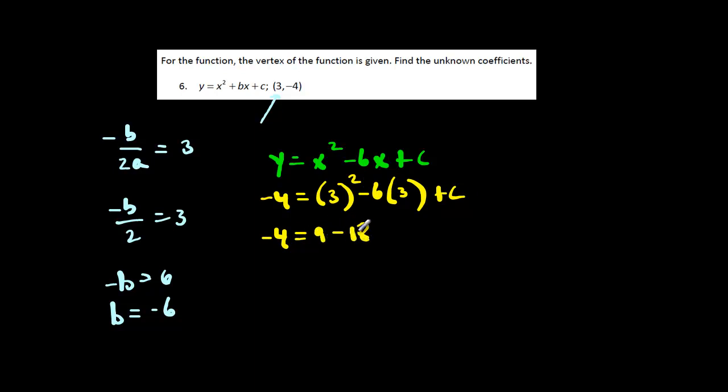Minus 18 plus c. -4 equals -9 plus c. Add the 9 to the -4 and you get 5 equals c. So here and here are my unknown, well, they're now known. Those are my coefficients that were unknown but are now known.